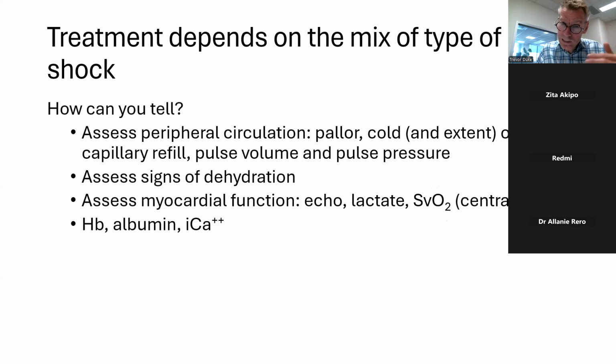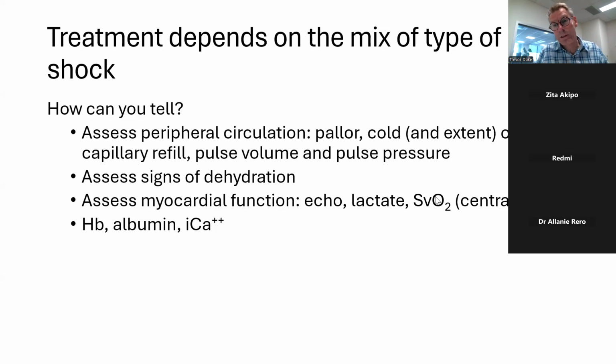Therefore, the tissues extract as much oxygen as they can from the capillaries, and the blood that then gets into the venous circulation has a very low oxygen concentration. So the SvO2, not the SpO2 or the SaO2, is actually low.